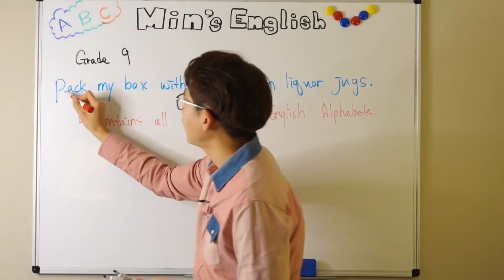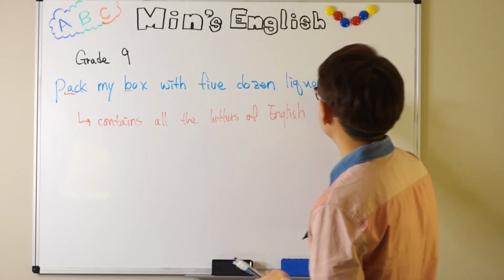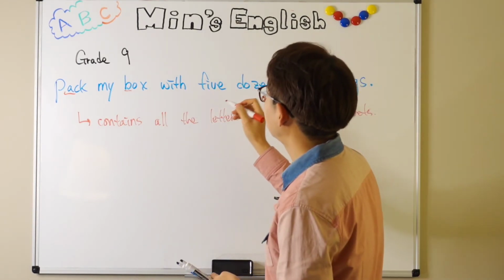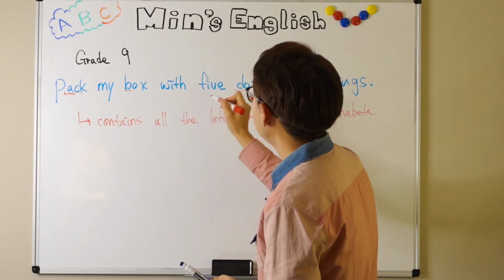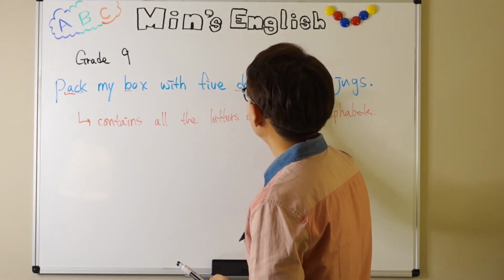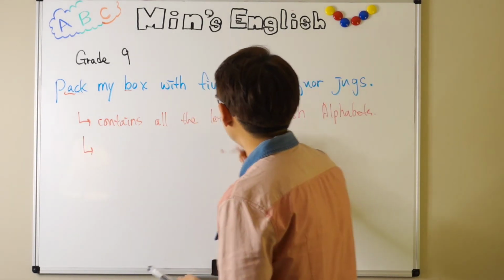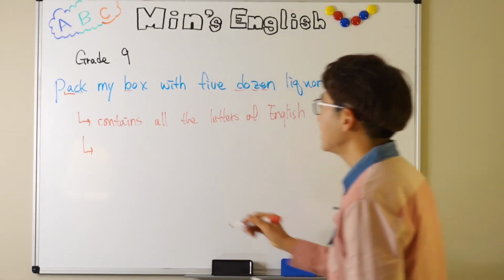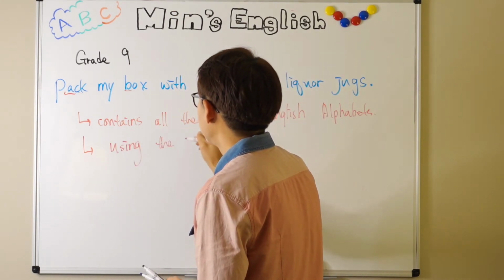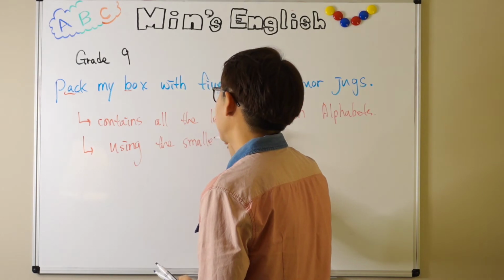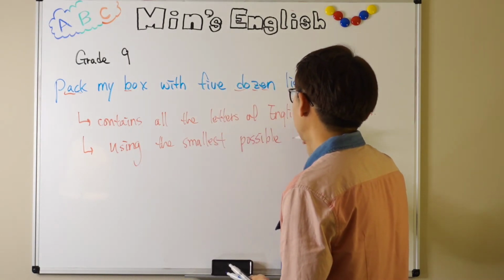So here we have A and B, and where is C? And C and D and E all the way to Z. So this sentence contains all the letters of the English alphabet but using the smallest possible letters.